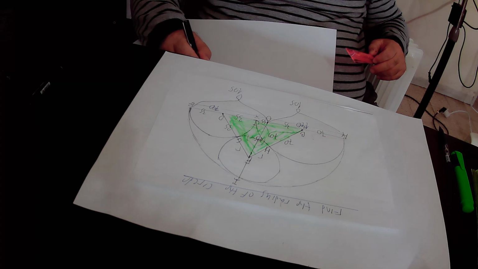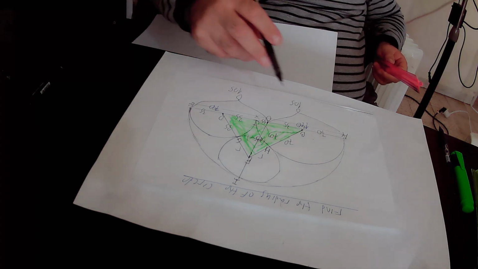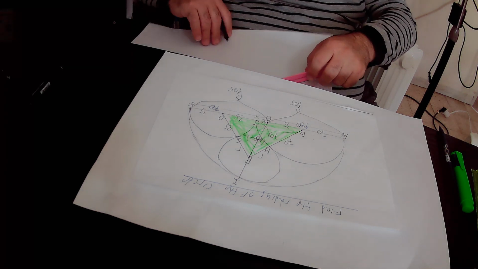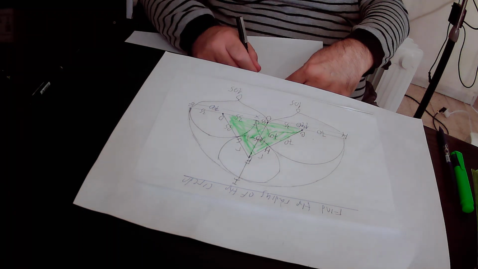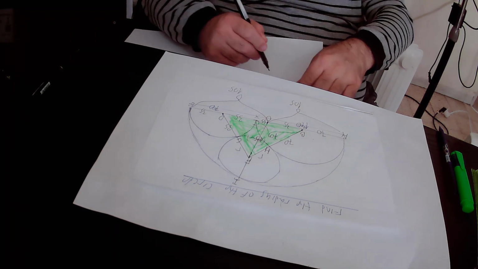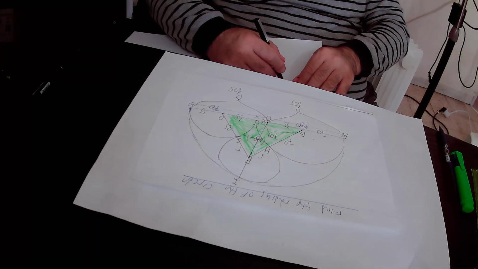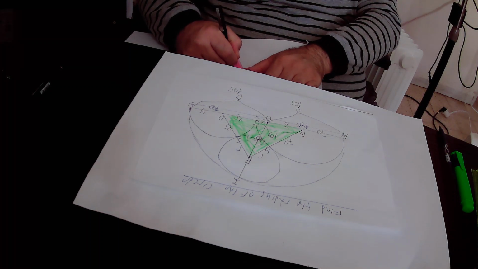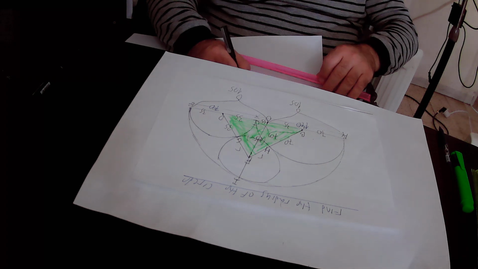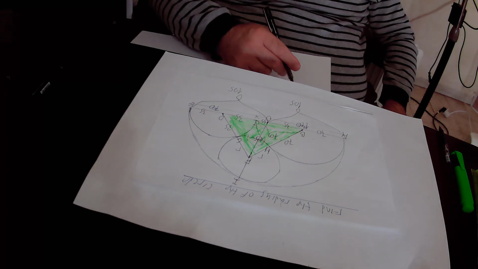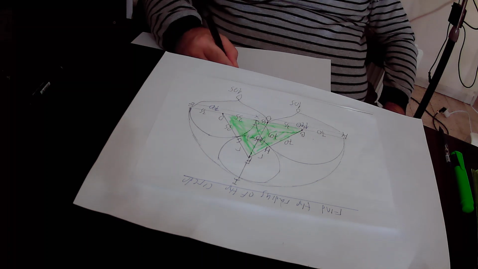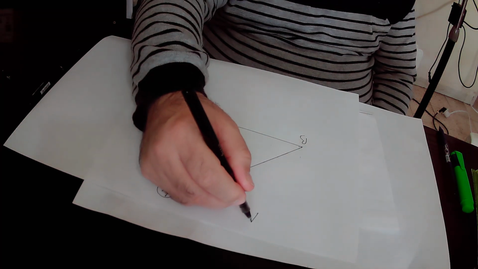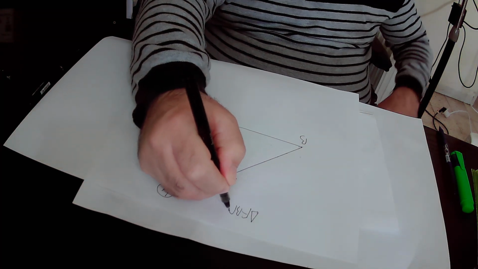We have already found out all the sides of the green triangle, so I will not repeat on it. This is triangle FBD that I copied from the original drawing.